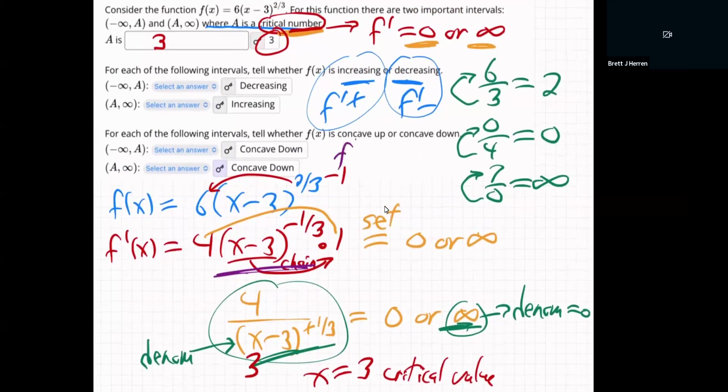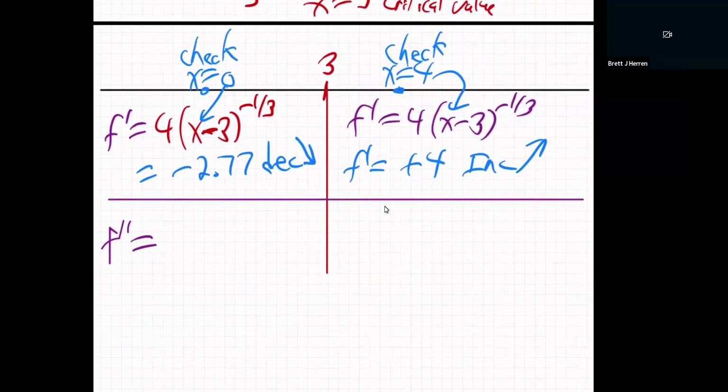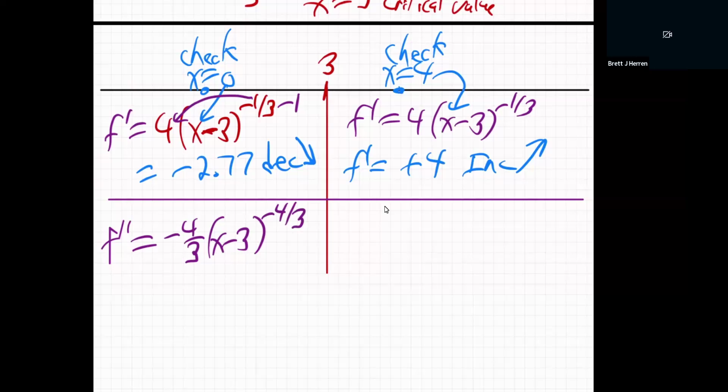It's concave up if f double prime is positive. Concave down is f double prime negative. So let's take the second derivative of this function. This minus 1/3 comes down. That'd be minus 4/3 times x minus 3, subtract 1 from the power, to the minus 4/3. You can check on the fractions if you're a little rusty on that.